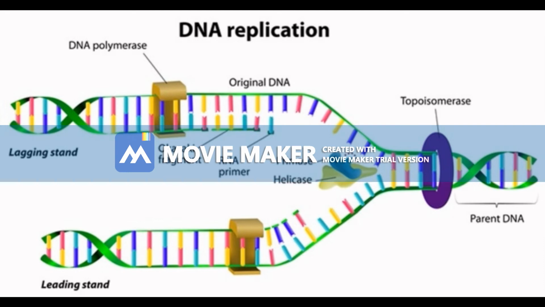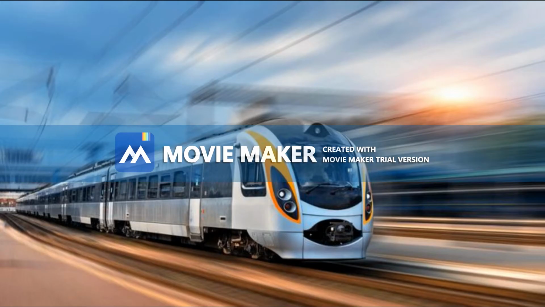Another fact that I found is that if the DNA were the size of a railroad track, the enzymes that split and copy the DNA would be moving at a rate of over 50 miles per hour. This is just something amazing about the DNA.